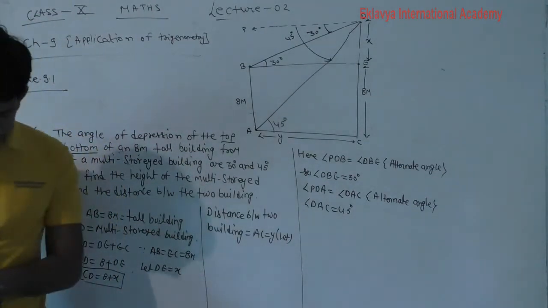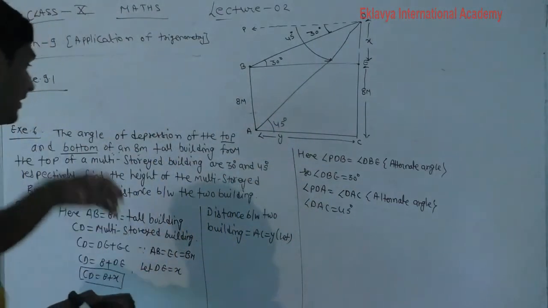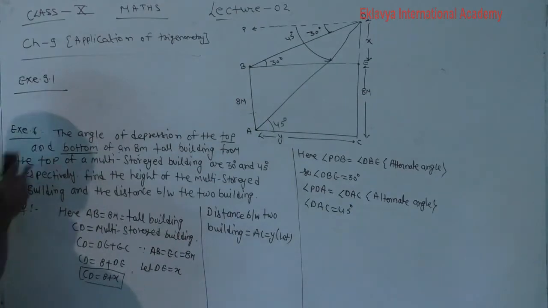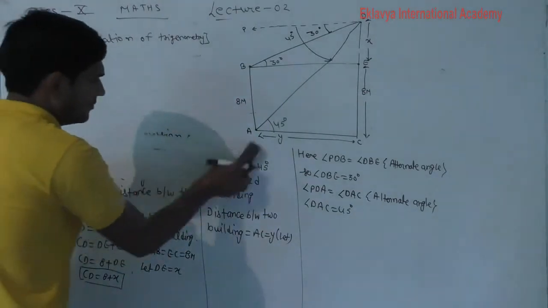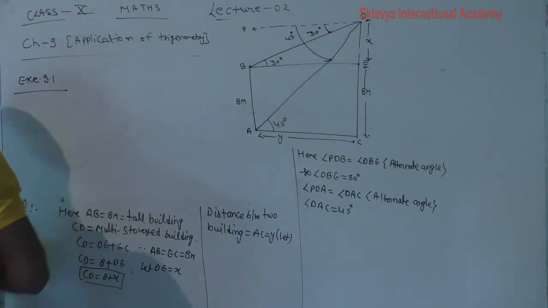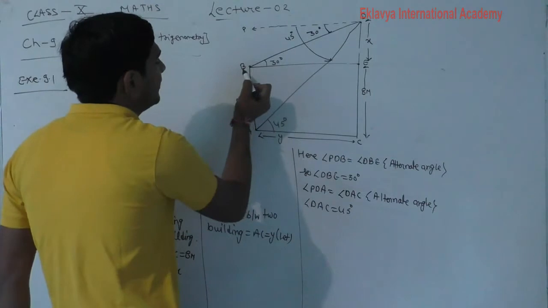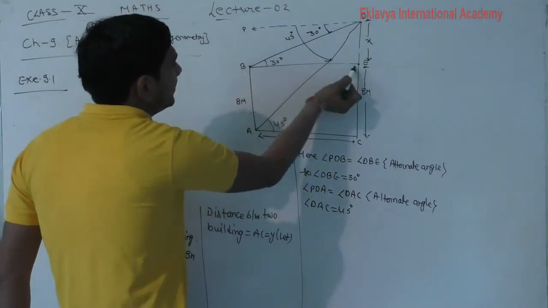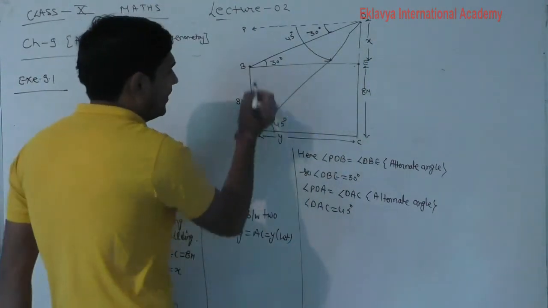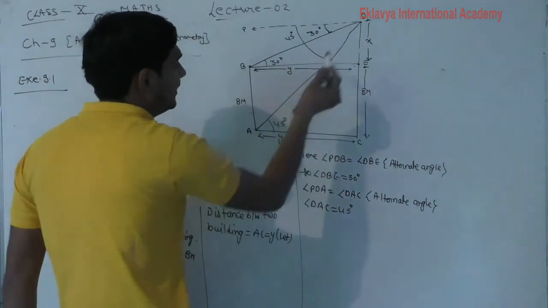Now here we will identify how many right angle triangles are forming. So here two right angle triangles are forming. First right angle triangle is triangle BED, that Y, that is also Y. Second triangle is ADC.